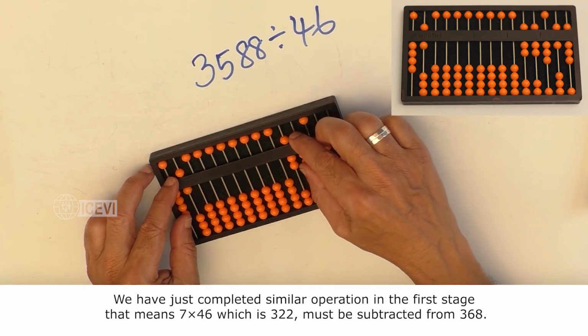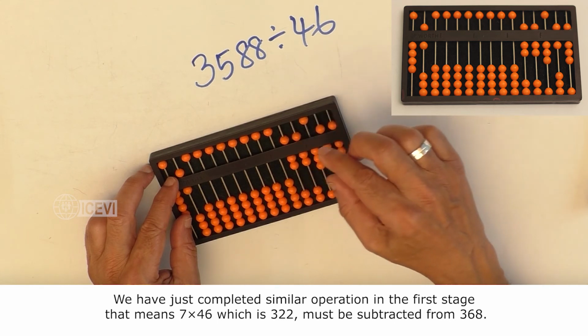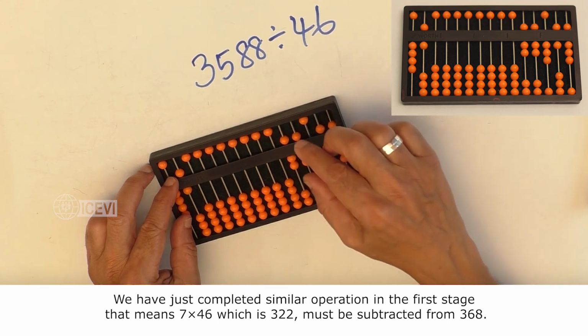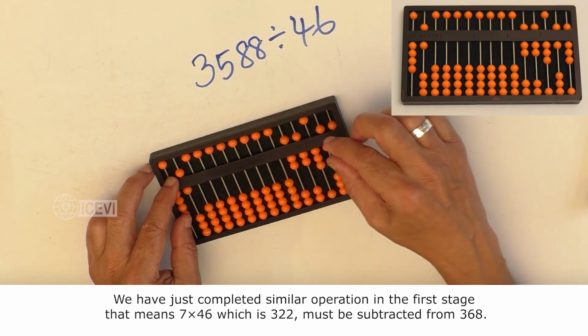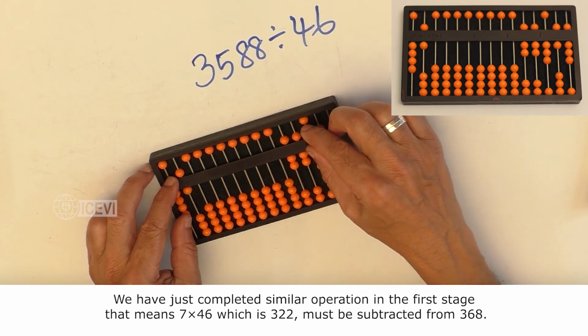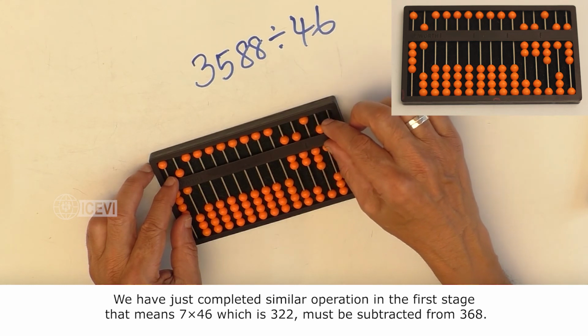We have just completed similar operation in the first stage. That means 7 multiplied by 46, which is 322, must be subtracted from the 368.